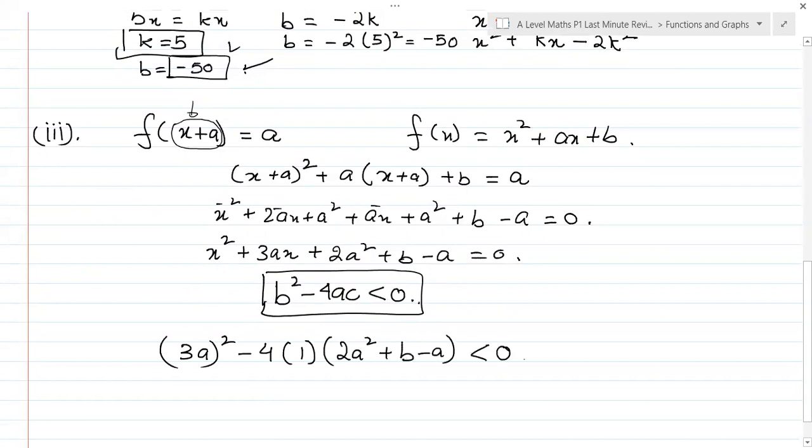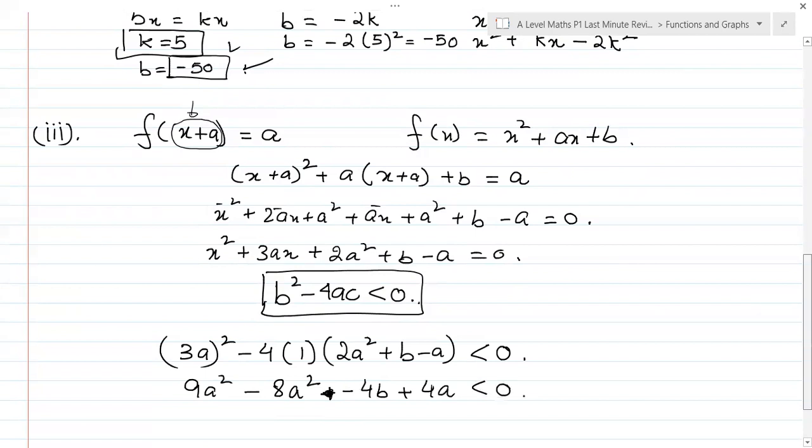This whole thing is less than 0. This is 9a squared minus 4 times 2, which is 8a squared, plus 4 times this, which is minus 4b plus 4a, is less than 0.